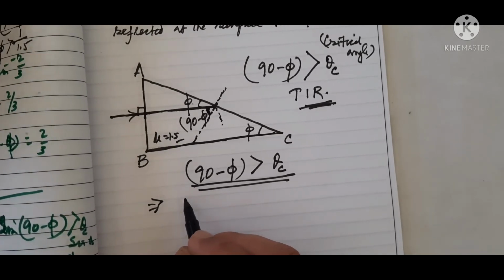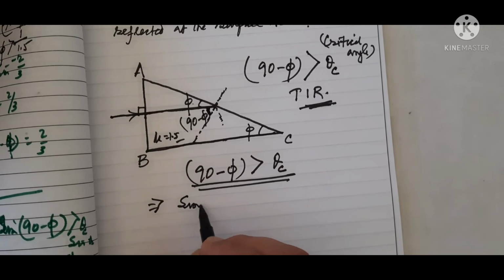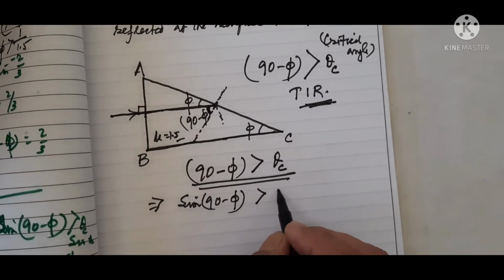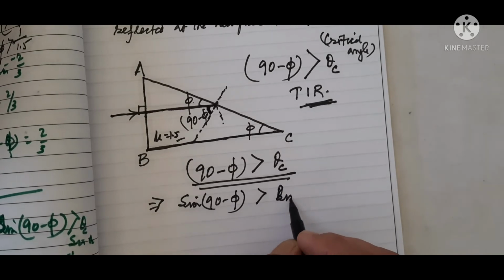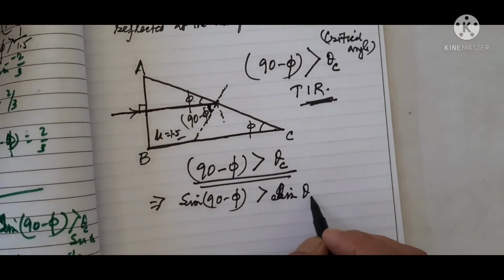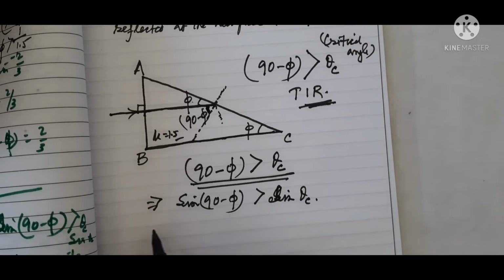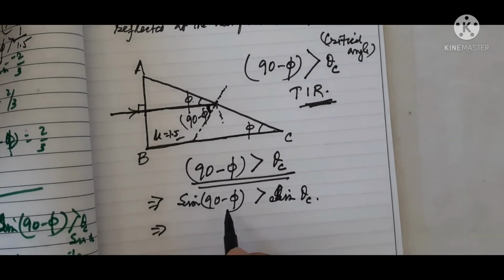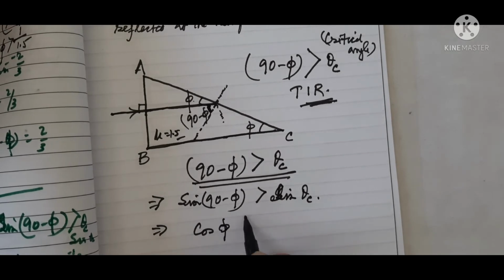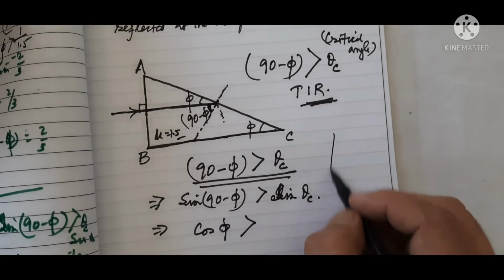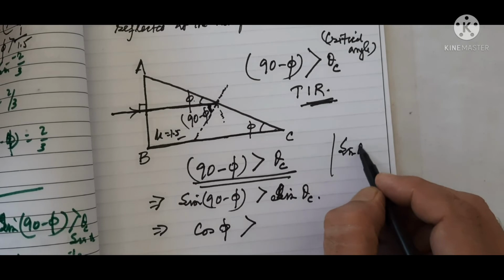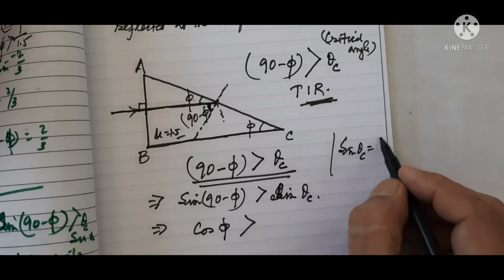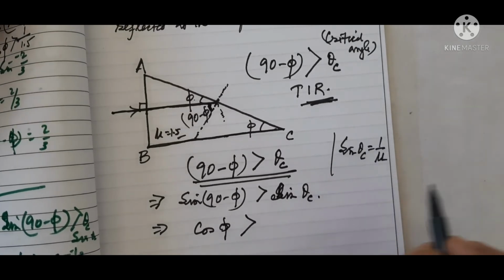So if I write here sine of 90 minus phi should be greater than sine theta C, no problem. Sine of 90 minus phi is equal to cos phi, which should be greater than sine theta C. We know sine theta C, the critical angle, is equal to 1 by mu.